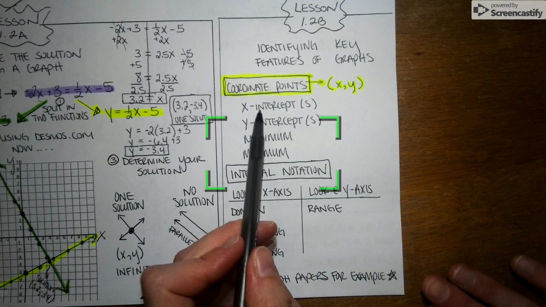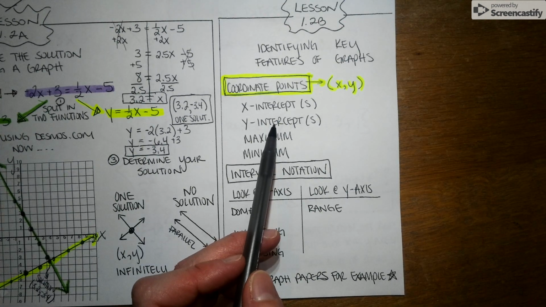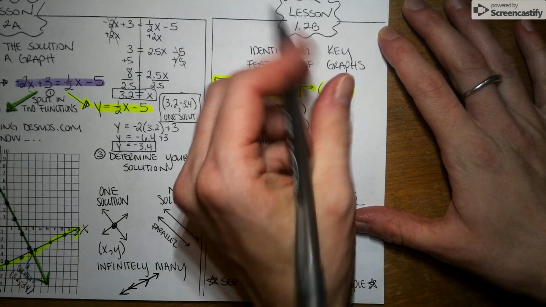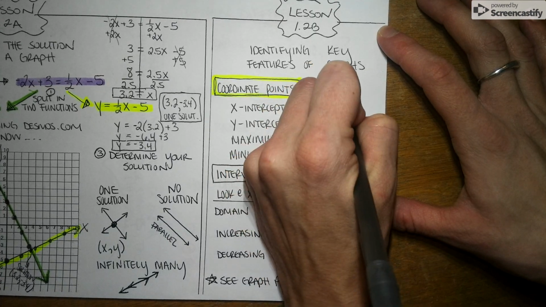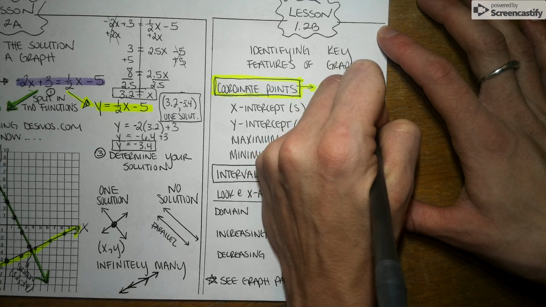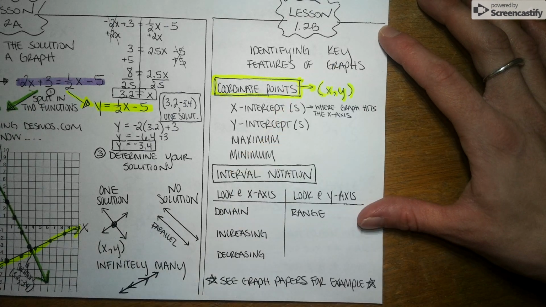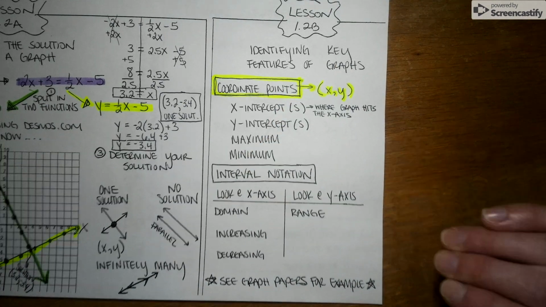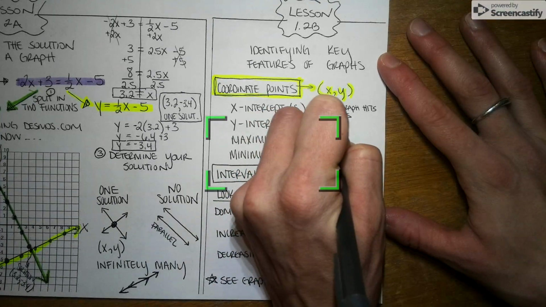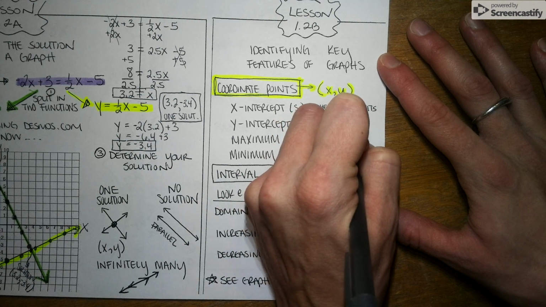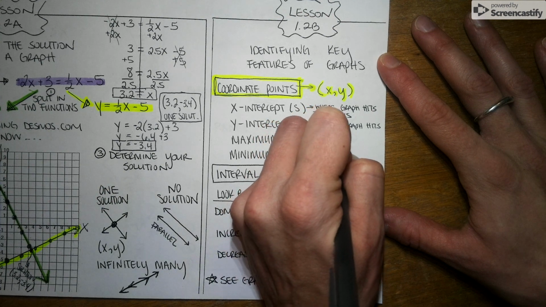So when we are looking at or for x-intercepts, where we are looking is where our graph hits the x-axis. The y-intercept or y-intercepts then is where our graph hits the y-axis.